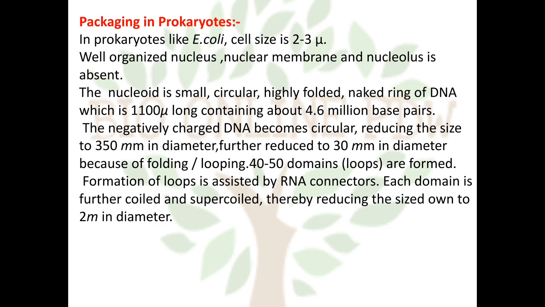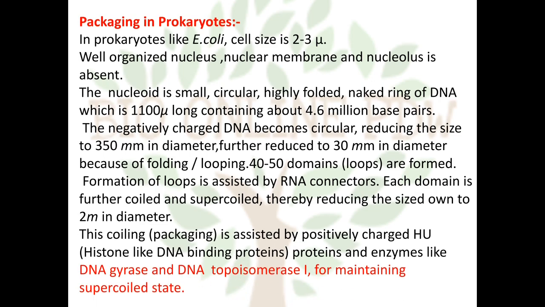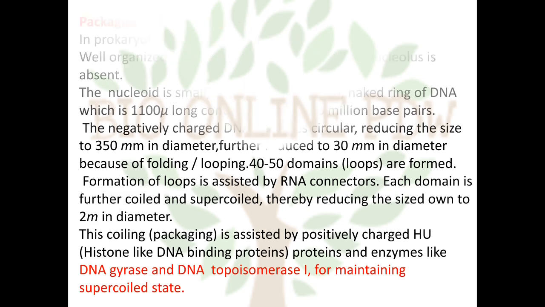Each domain is further coiled and supercoiled, reducing the size to about 2 microns in diameter. This coiling or packaging is assisted by positively charged HU, that is histone-like DNA binding proteins, and enzymes like DNA gyrase and DNA topoisomerase I for maintaining the supercoiled state of the DNA.